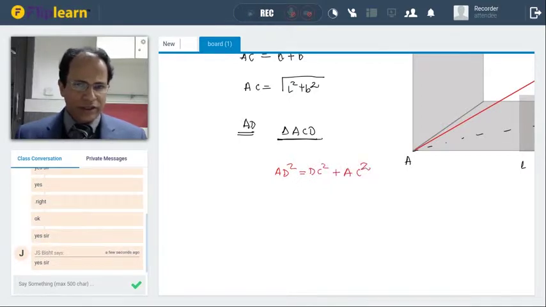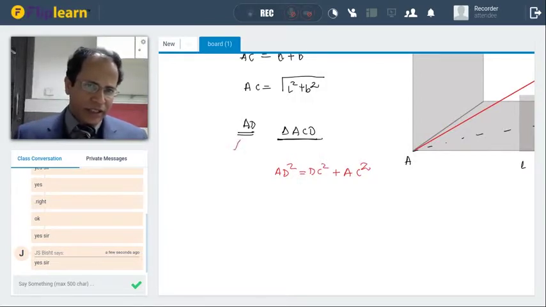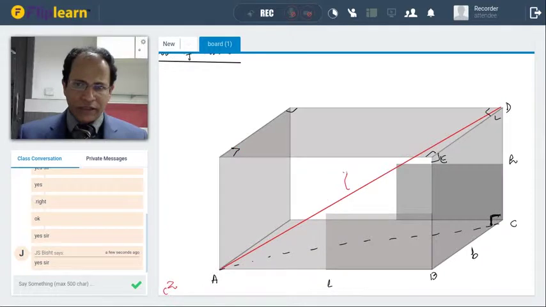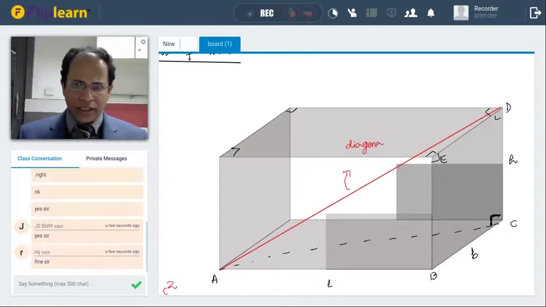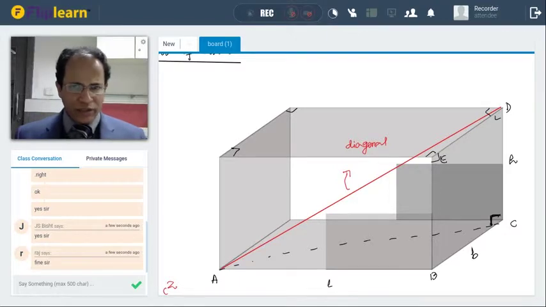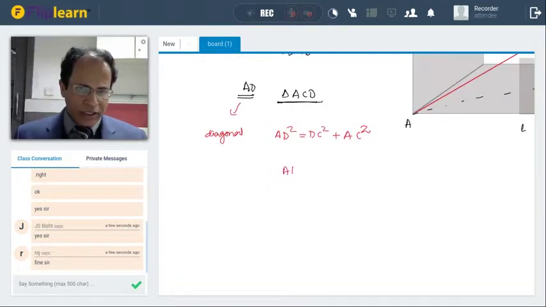This is the diagonal we are talking about, isn't it? So, diagonal AD is what? AD square is DC square plus AC square. So, what is AD? AD is equal to under root of DC square plus AC square we have, right?